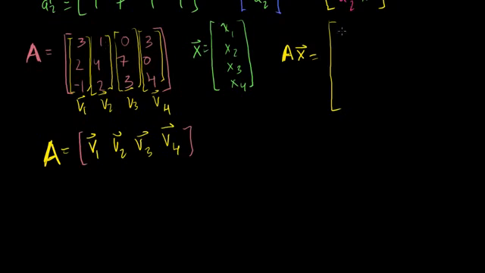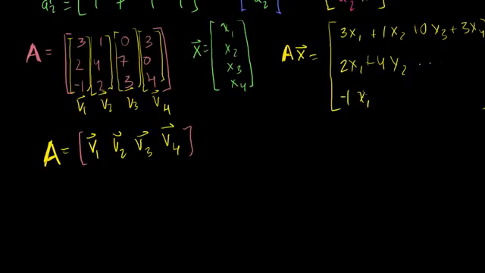It's 3 times x1 plus 1 times x2 plus 0 times x3 plus 3 times x4. That's the first entry. And then you have 2 times x1 plus 4 times x2 all the way. And then you finally have minus 1 times x1 plus 2 times x2. You get the idea. But what's happening here? This first vector is always being multiplied by the scalar x1.